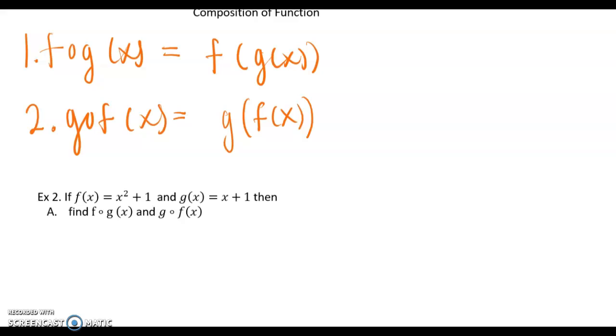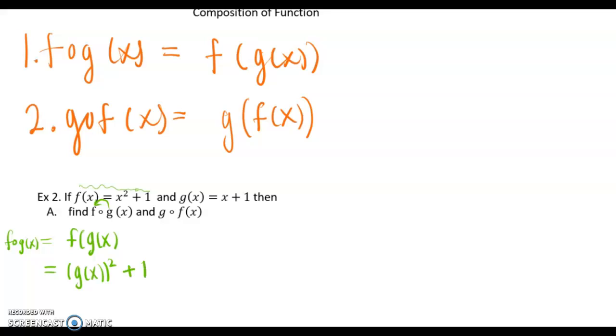So again, if you look up here, f of g is plugging g into f. So you're going to rewrite it like this. And one thing I like to do is basically wherever there is an x in f, you're going to be replacing every single x with g of x. So that's going to be g of x squared plus 1.